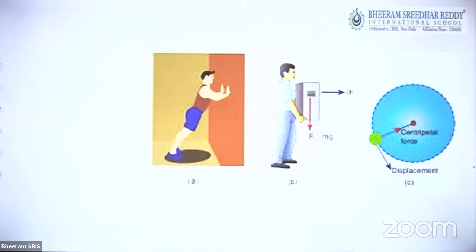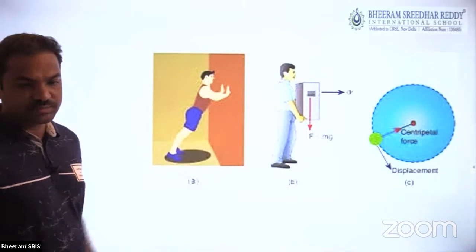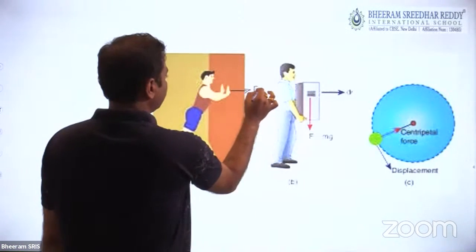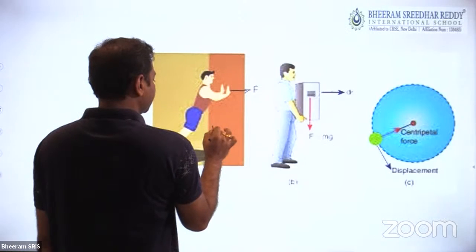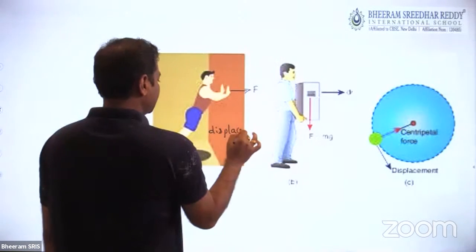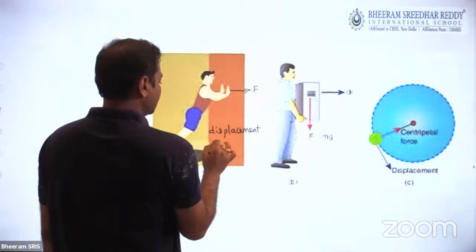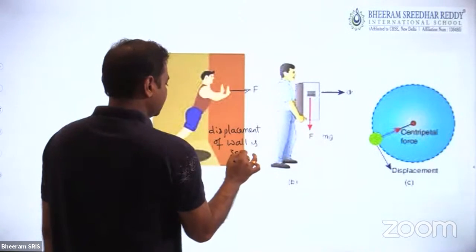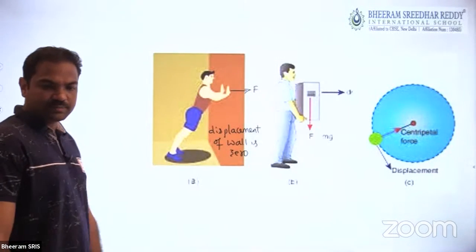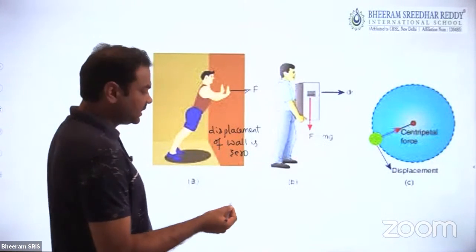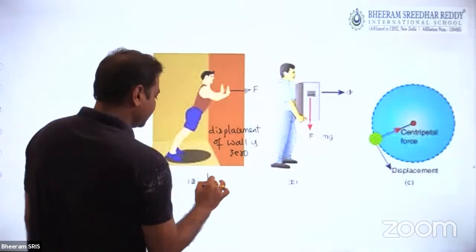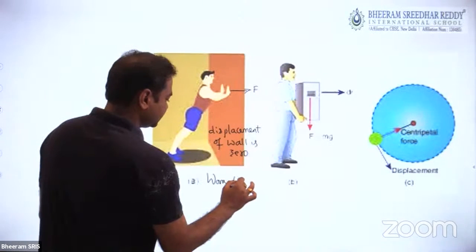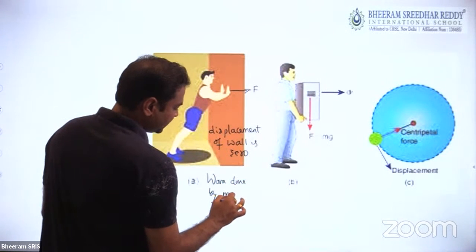Okay, finished. So these are also some other zero work done cases. One man is pushing the wall, so he'll apply the force. But here the displacement of the wall is zero. As displacement of wall is zero, then we can say the work done by force applied by man is zero.